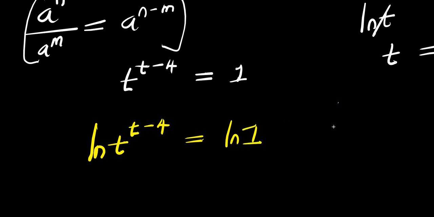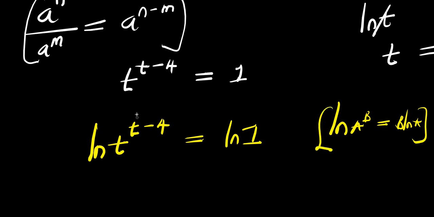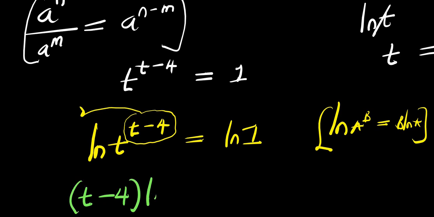Now remember, if you have natural log of a power b, this equals b times natural log of a. So the t minus 4 here will come in front. So we are going to have t minus 4 times natural log of t equals natural log of 1.